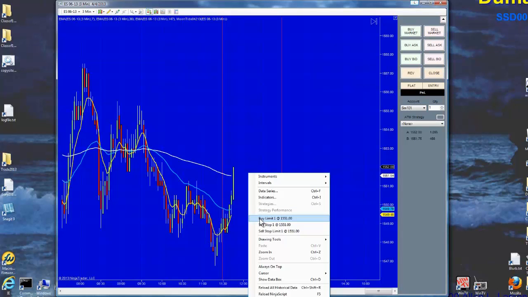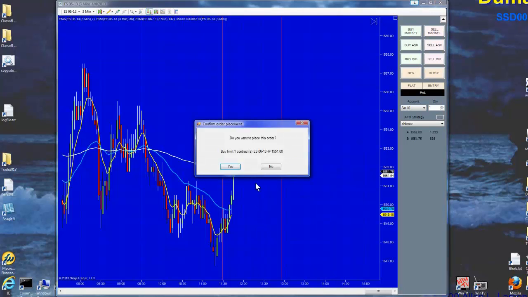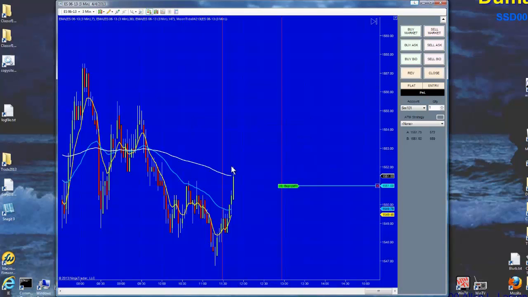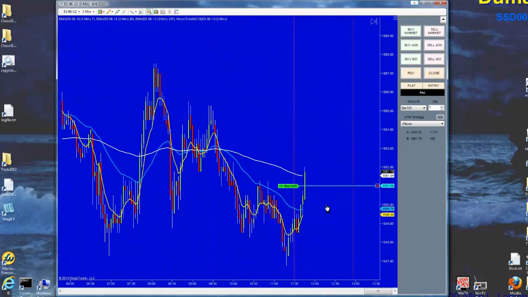Now buy a limit at 51. It asks me if I want to place this order. Order pending. Okay, so there I've got an order pending. So it looks like I might be getting a buy.